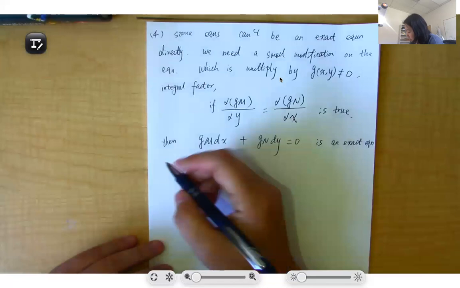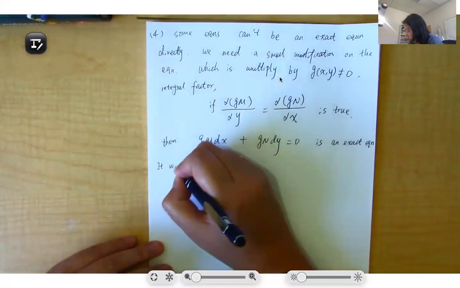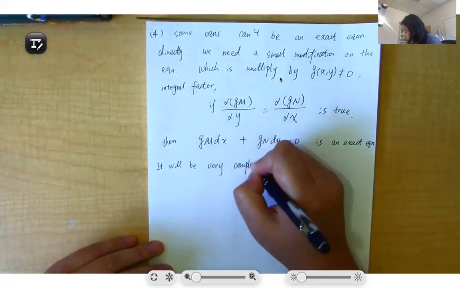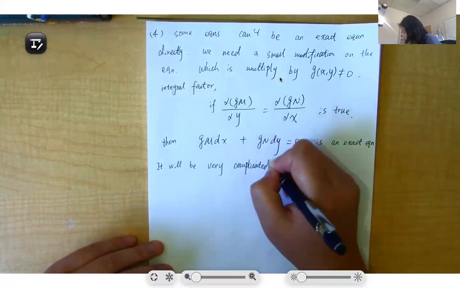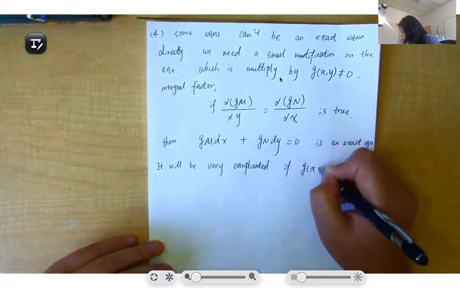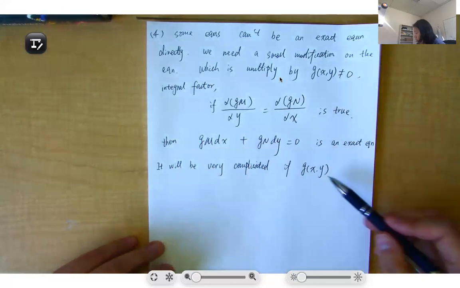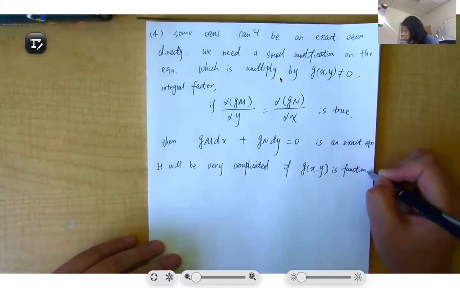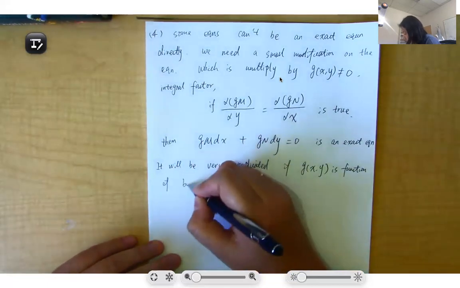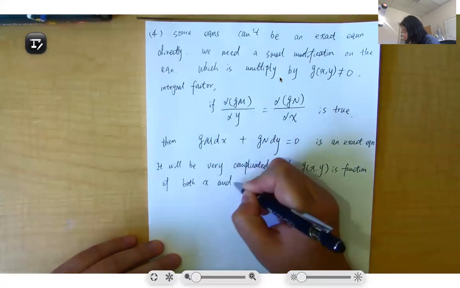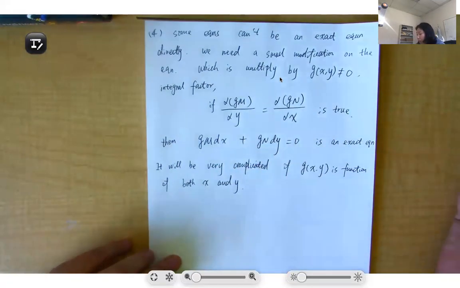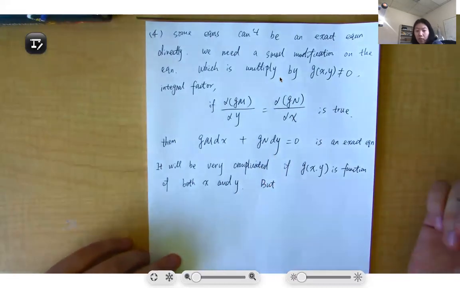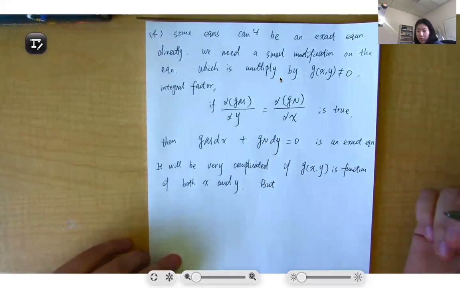And usually it will be very complicated if g(x,y) is a function of both x and y. But if g(x,y) is only a function of either x or y, then it's solvable and easier to solve.